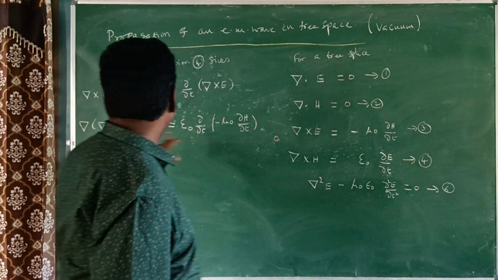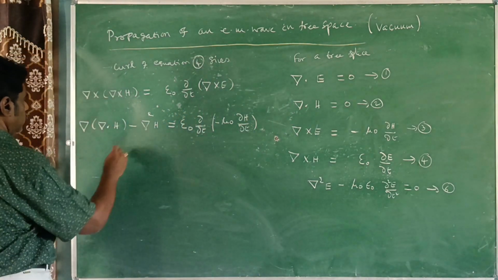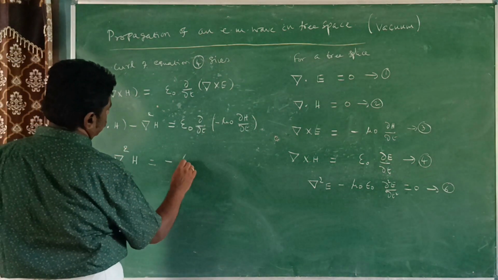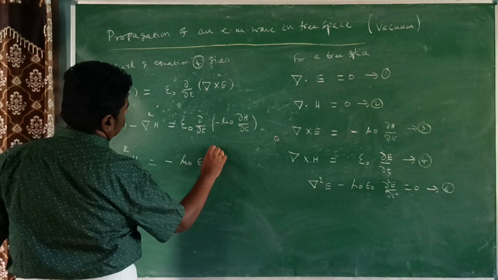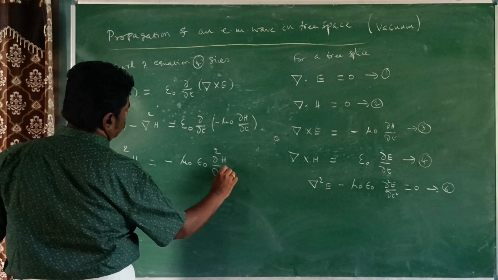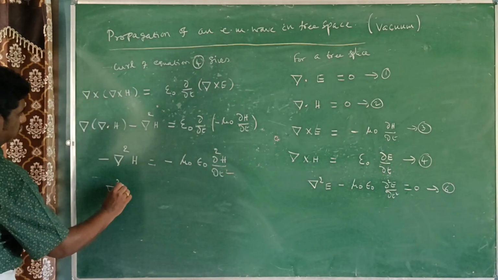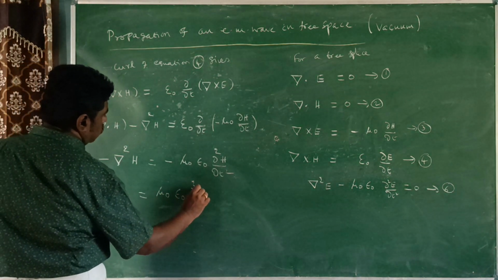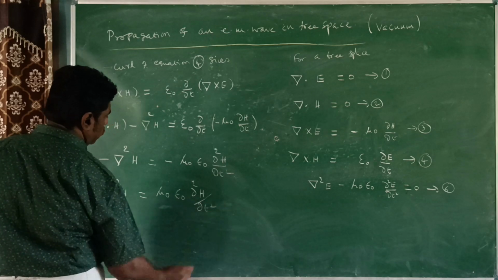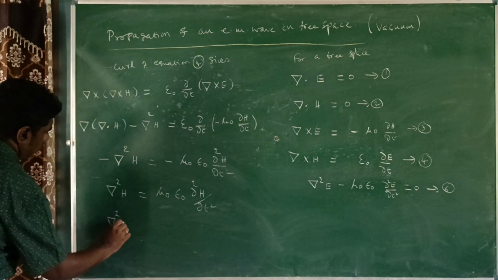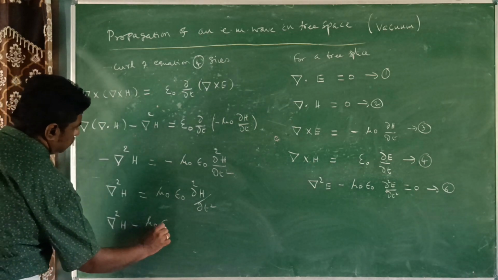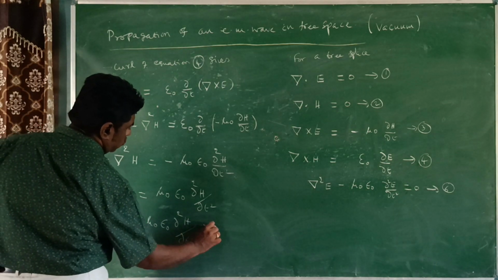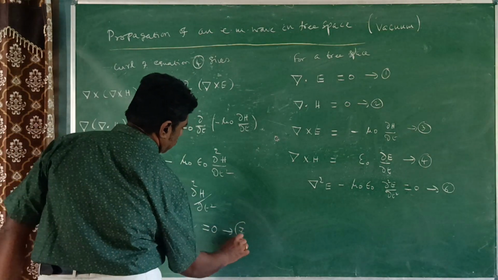From equation 2, del dot H equal to 0. The above equation is modified as del square H is equal to minus mu naught epsilon naught dou square H by dou t square. So del square H equal to mu naught epsilon naught dou square H by dou t square. Del square H minus mu naught epsilon naught dou square H by dou t square is equal to 0. Say this is equation number 7.